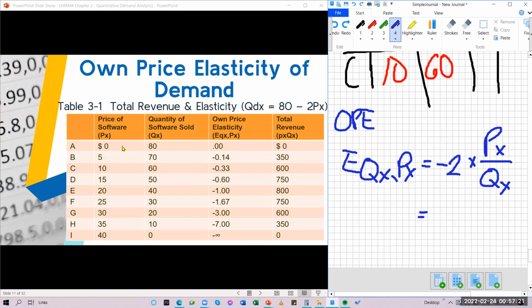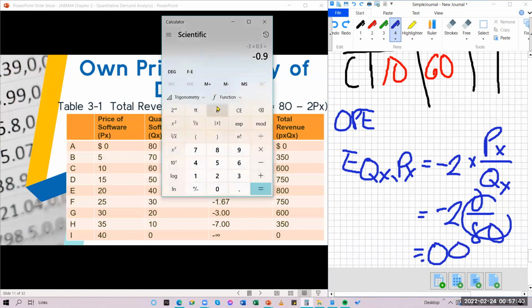If the price is 0, then negative 2 times 0 over 80. So the answer would be 0, given that anything times 0 is 0, over 80. So negative 2 times 0 is 0 over 80. So let's try to solve it here now.